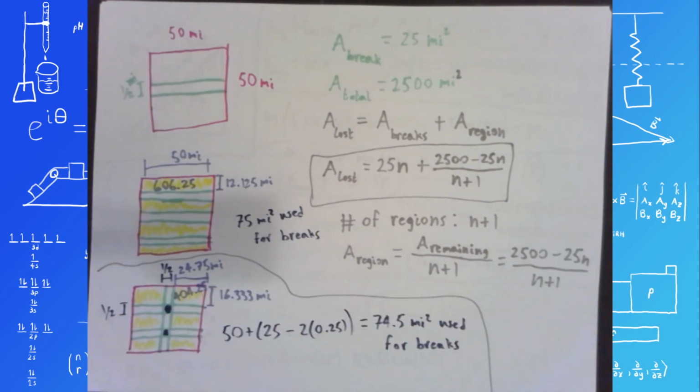So this is a function of an integer, which usually we can't really do calculus with, but we're going to assume that n is continuous for the purposes of doing calculus, and then we're going to have two choices between rounding up or rounding down once we get our optimal value. So let me go ahead and grab a new sheet of paper.